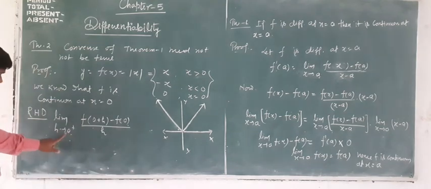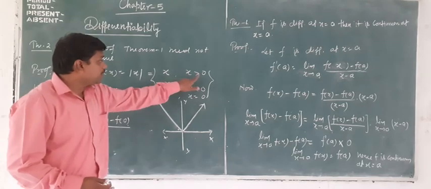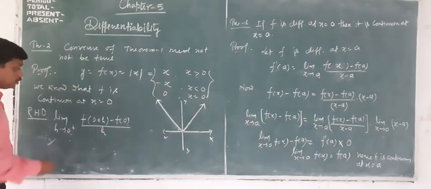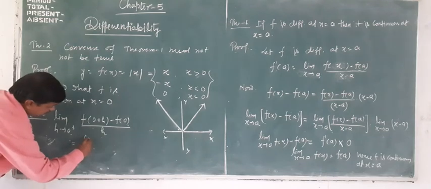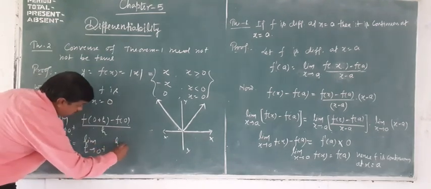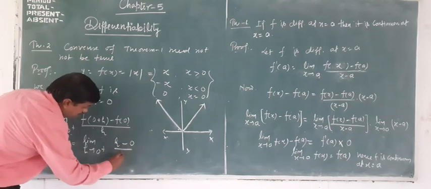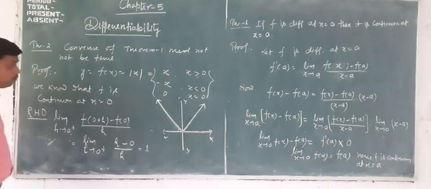Don't forget here 0 plus means h is greater than 0. For greater than 0 the function is x, so the value of f is h. So this is the limit h tending to 0 plus of (h minus 0) by h. So this is 1, and this limit is 1.